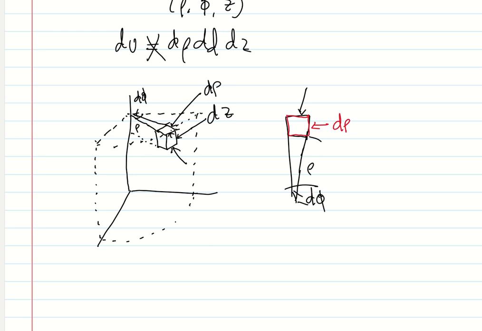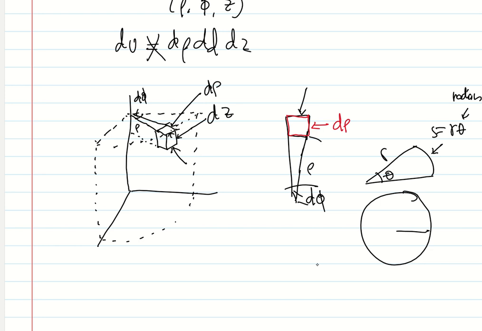From analytic geometry, when we want to determine the arc length, if this is theta and this is r, the arc length s is just equal to r times theta, where theta should always be in radians, because that's an angle. If you look at a circle and rotate it through one revolution, theta is equal to 2 pi.